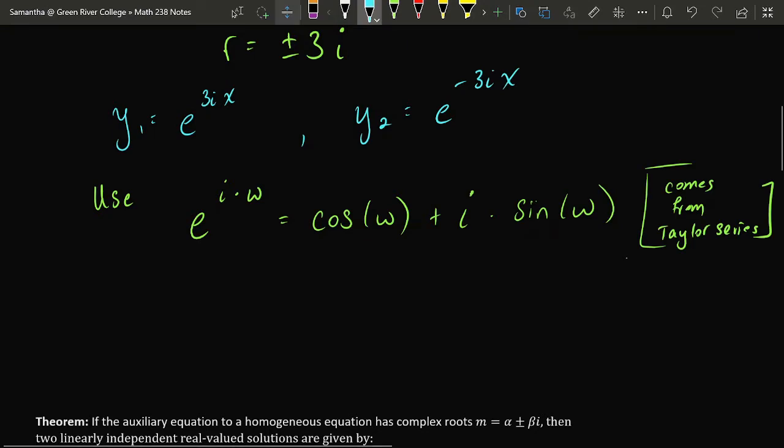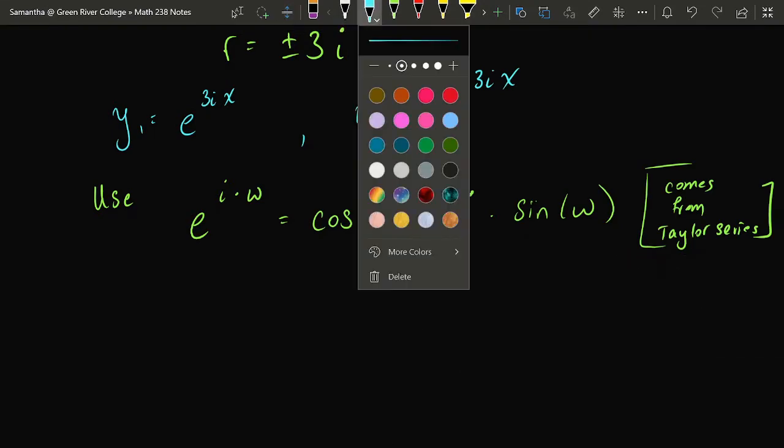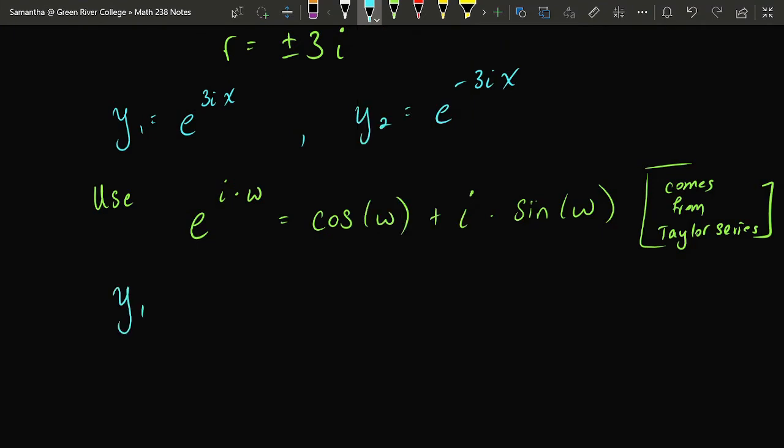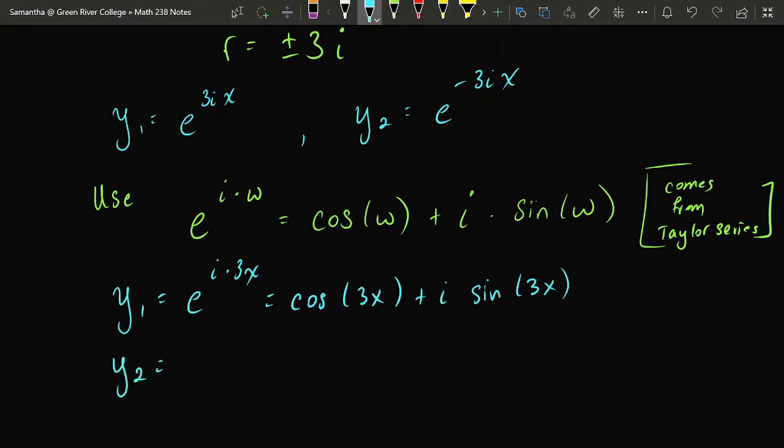So based on that, our first solution y1, which is e to the i times 3x, would be equivalent to cosine 3x plus i sine 3x, and our y2 would be equivalent to cosine of negative 3x plus i sine of negative 3x.